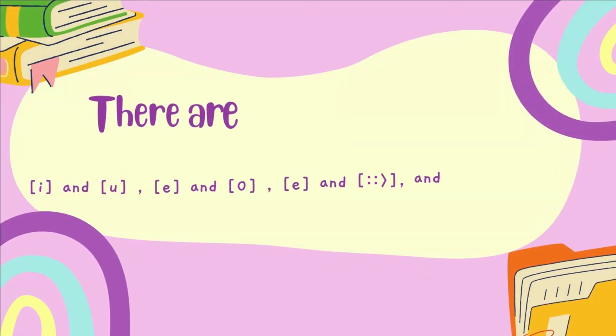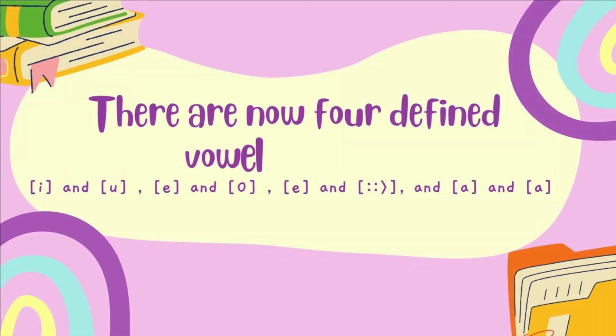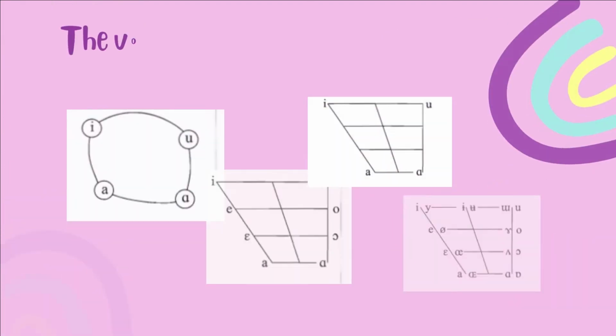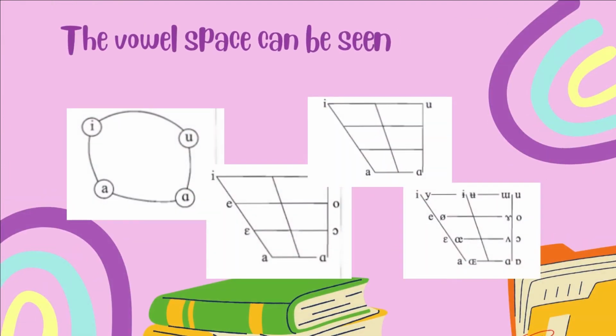There are now four defined vowel heights. I and U are closed vowels. E and O are closed mid vowels. E and O are open mid vowels. And A are open vowels. Note that in this last pair, the difference in letter shape is important, signifying a front vowel and a back vowel respectively.